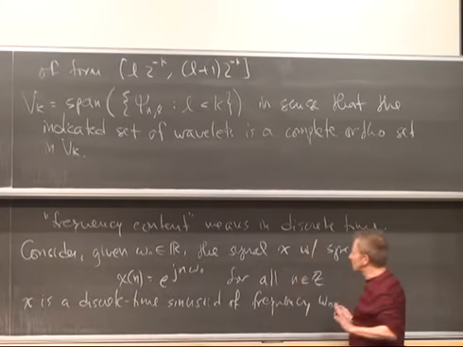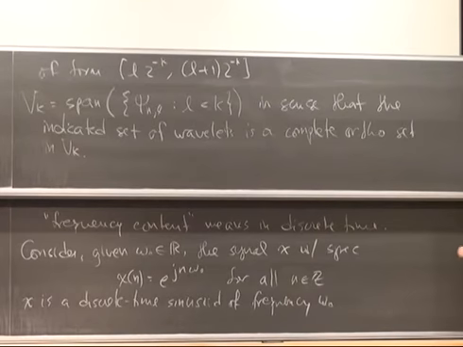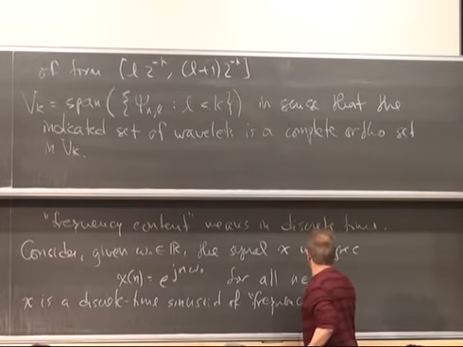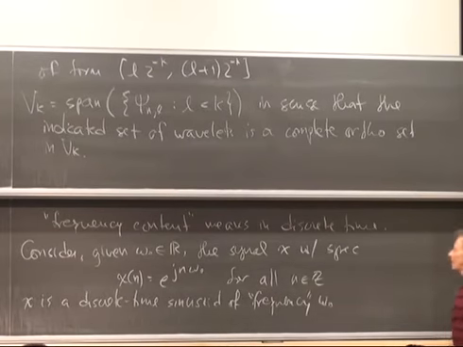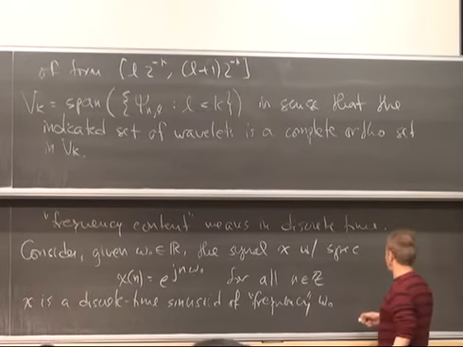Now, frequency omega 0 doesn't mean that the values of x are an omega 0 periodic sequence of numbers. Omega 0 might not even be an integer, or 1 over omega 0 might not even be an integer. But the word frequency comes in any event. So we think of this x as having frequency content at frequency omega 0.